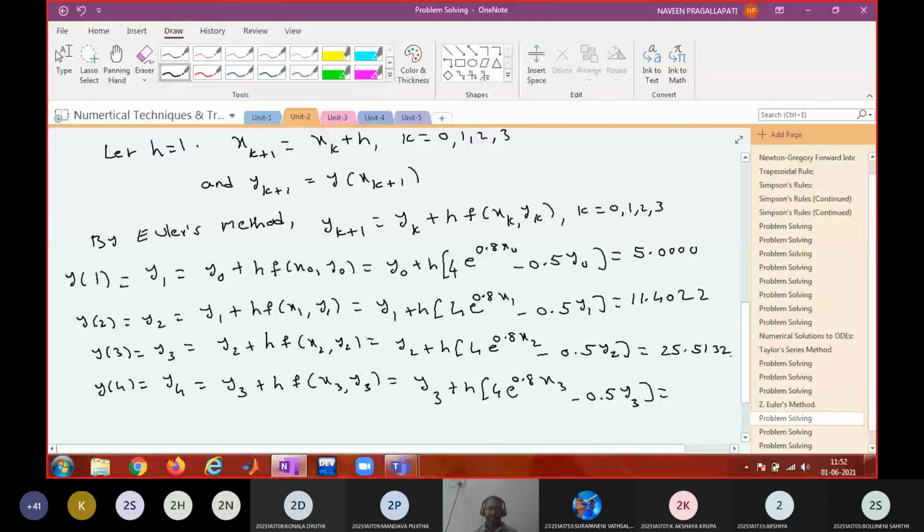Last one. Now x3: x0 is 0, 1, 2, 3. x3 value is 3, y3 value is 25.513.